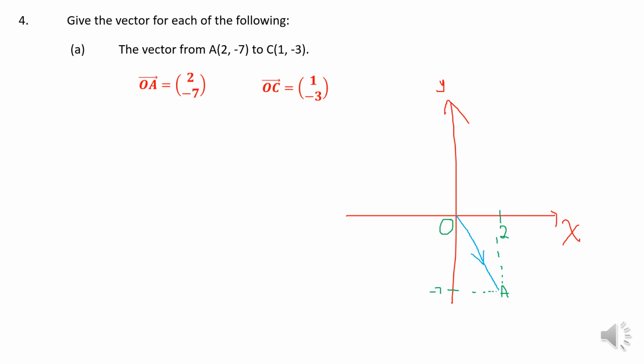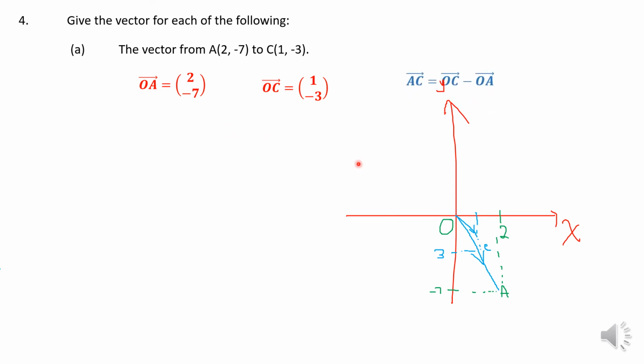You expect that OC to be somewhere here, a point in this quadrant, and that is where our point C will be. As a vector, it will be something like that. So that just gives you an idea that you can also rewrite coordinates in vector form, by applying the concept of position vectors.